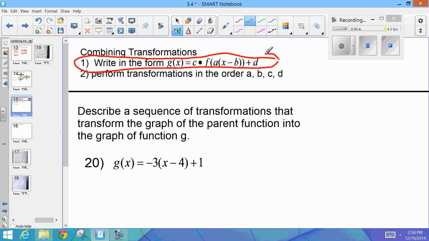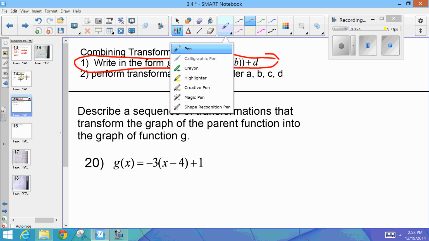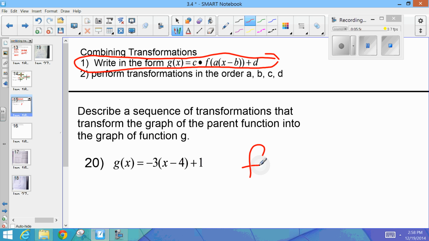What I've got for problem 20 is a linear graph, all right? So my parent function is just f of x equals x, all right? I have no multiplier inside these parentheses. Okay, so notice here my A is inside one parentheses but outside the other.